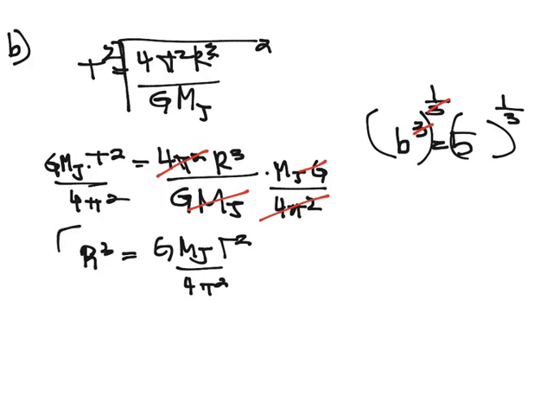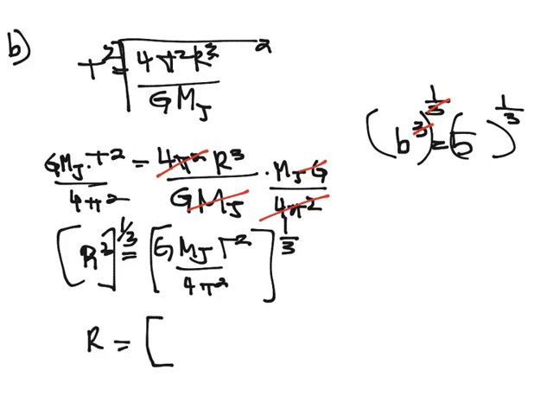I'm going to take everything to the 1/3 power. Now 3 times 1/3 is 1. And I get r is equal to the cube root, or to the 1/3 power, of G M_J T squared divided by 4 pi squared.